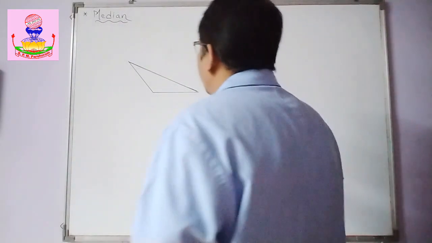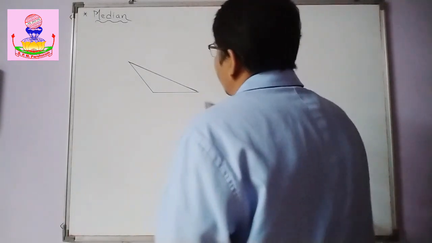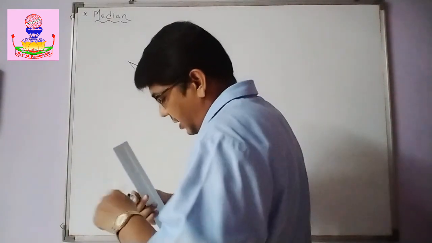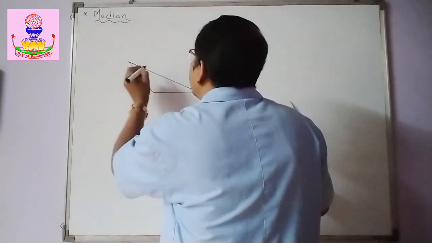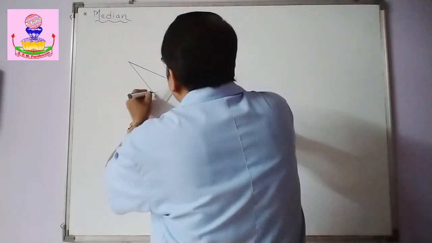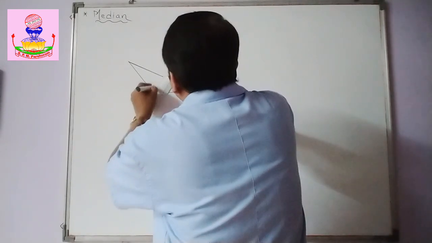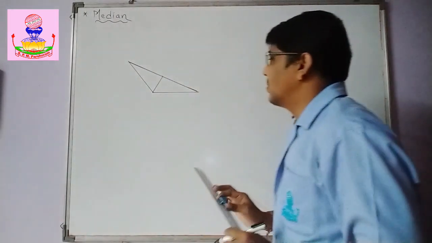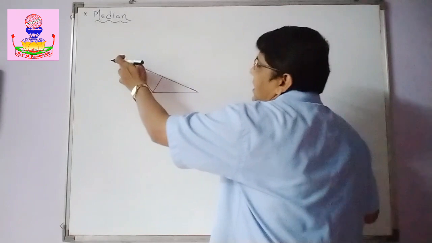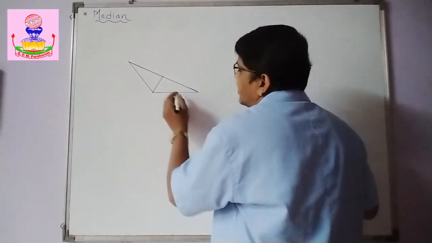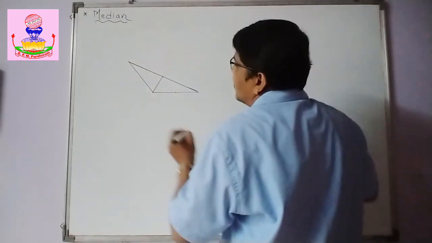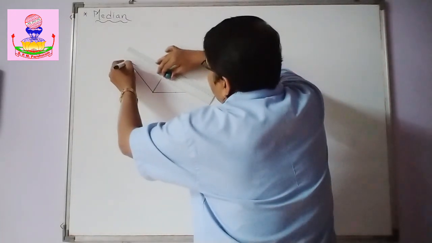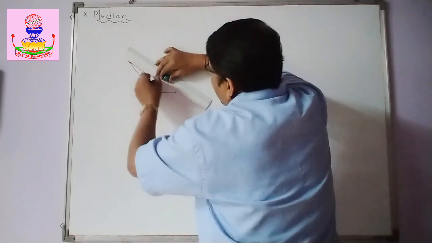Let us draw the medians. First we will get the midpoint. Suppose it is here. This is the vertex and this is the opposite side. Okay, now this is the vertex and this is the opposite side. So midpoint is suppose here.